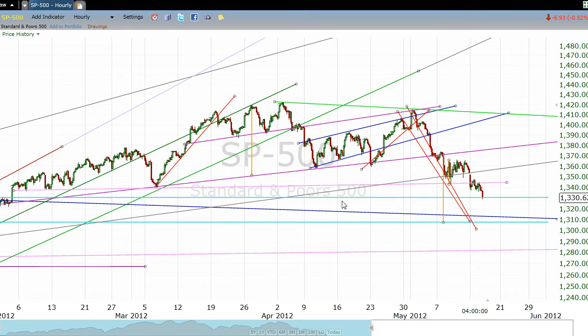And of course it completed when this neckline broke down. So we had two necklines. We had the neckline from this little triple top. This triple top was the crown, if you will, of the head of this head and shoulders pattern.